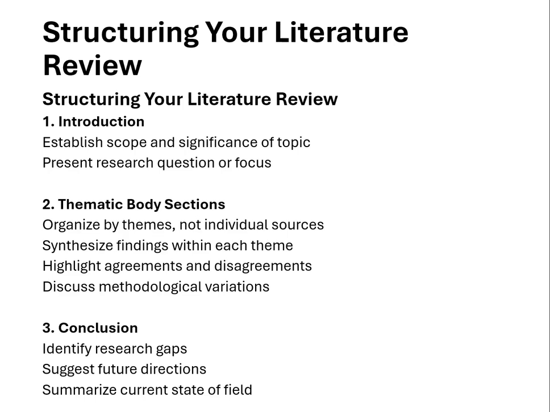Talk about what you found in those themes, and also make sure you have a section on agreements, disagreements and controversies, and if it's worthwhile, talk about the differences in the methodologies.